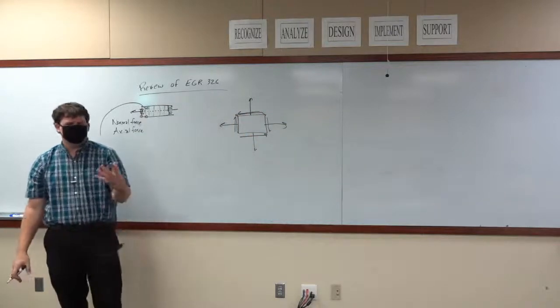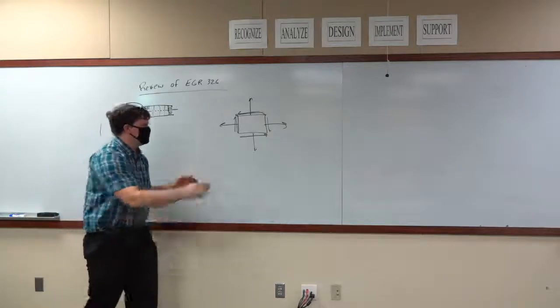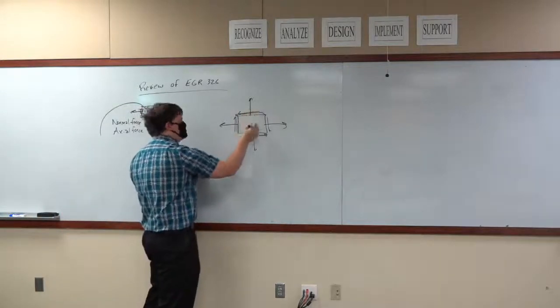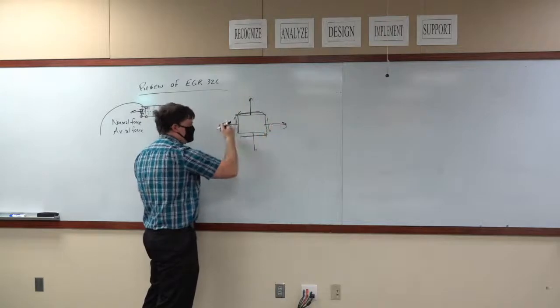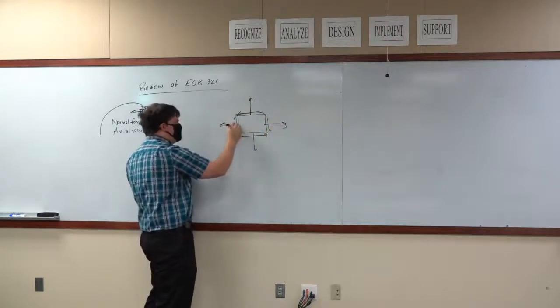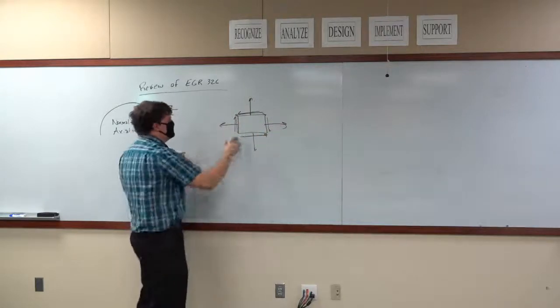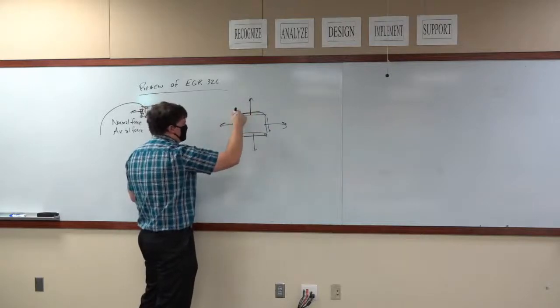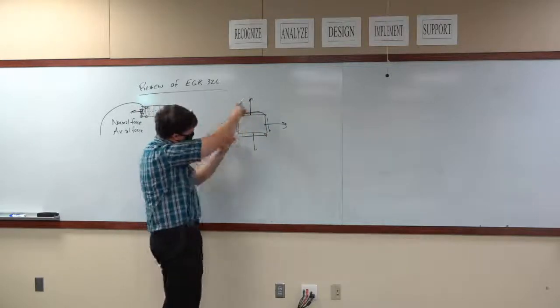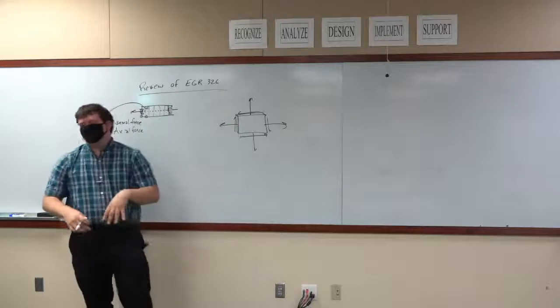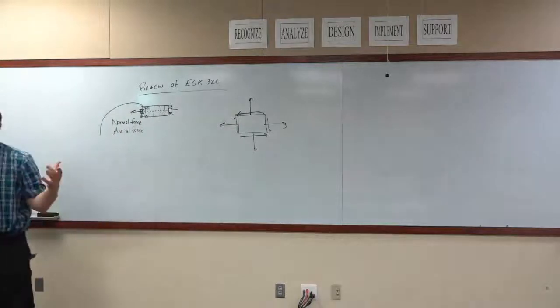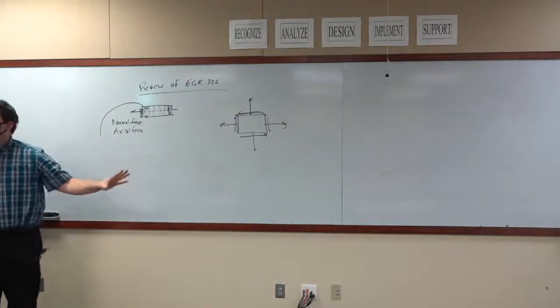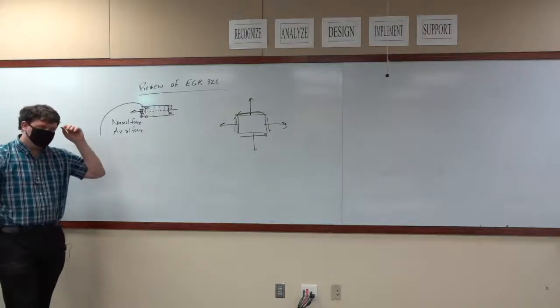If you wanted to take an actual cube, you could apply a shear force on this face going upward, a shear force on this face going outward, and so on. There's just a ton of forces you can draw. It's not easy to draw, so I'm only drawing the two-dimensional version because it's just a little bit nicer.